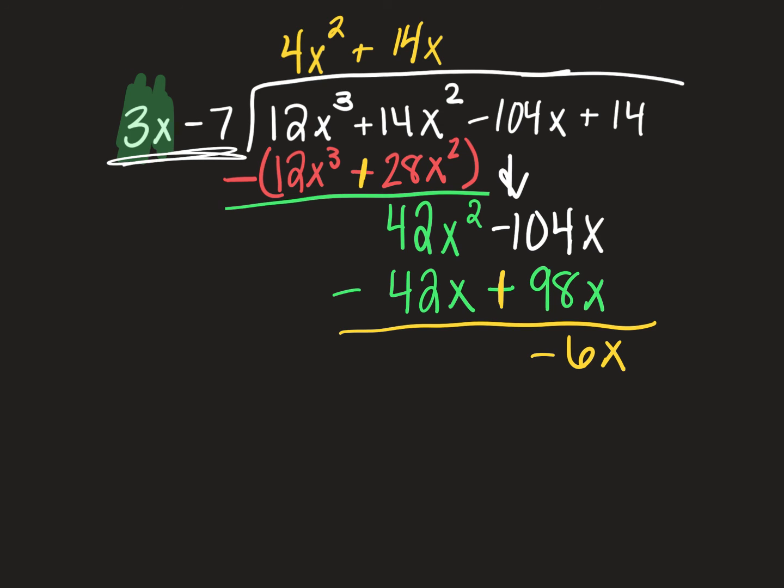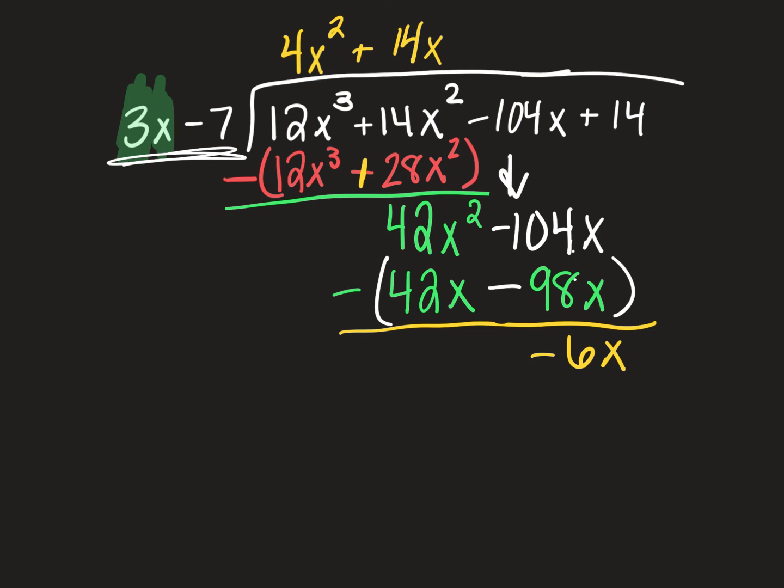This is always the hardest, so let's backtrack a minute. When we multiplied the 14 times the 7, we got the negative 98. It depends on how your brain works.